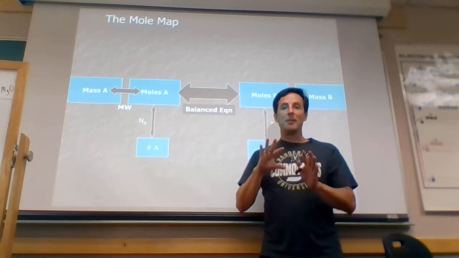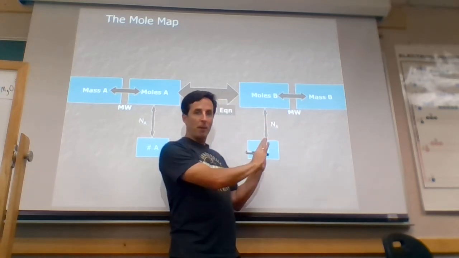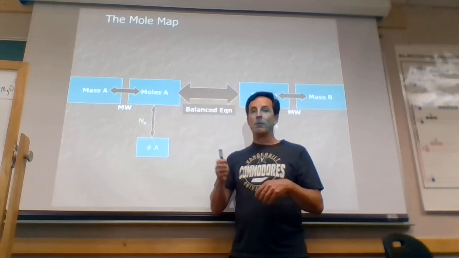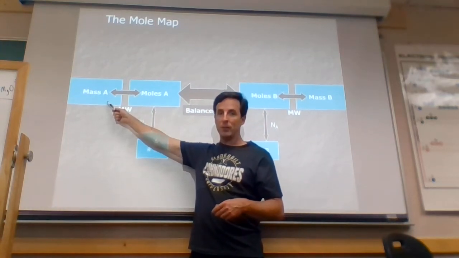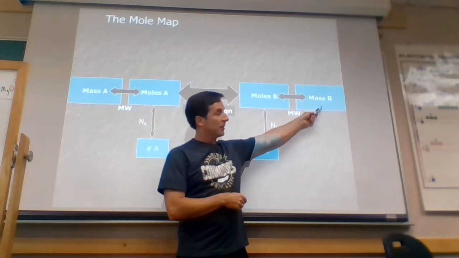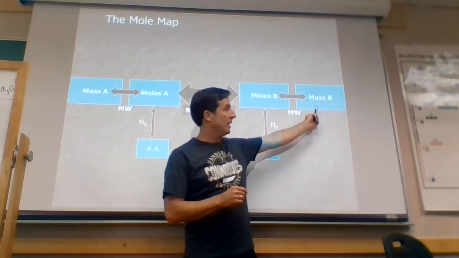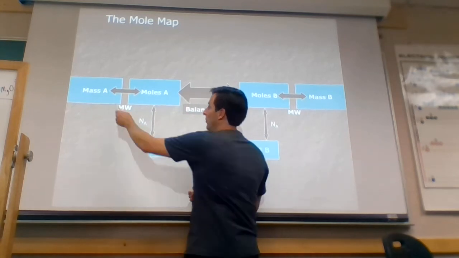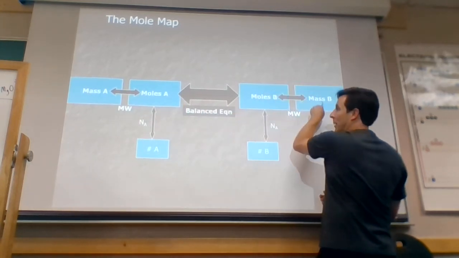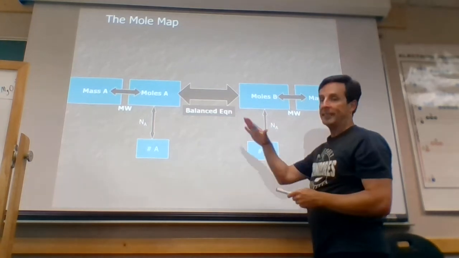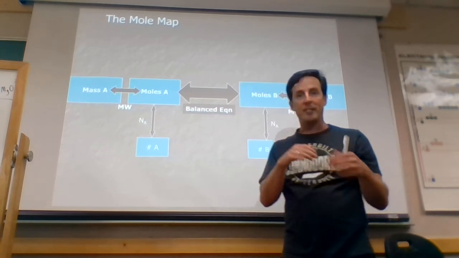So whatever I'm starting with is considered compound A. Whatever I'm finishing with is compound B. And if I want to go from the grams, which is the mass of the starting material, to the grams of the product, which is the mass of B, to get from here to here, I have to move 1, 2, 3 steps over. Well, each step that I move is going to correspond to a conversion. So this is going to be a 3-step problem.